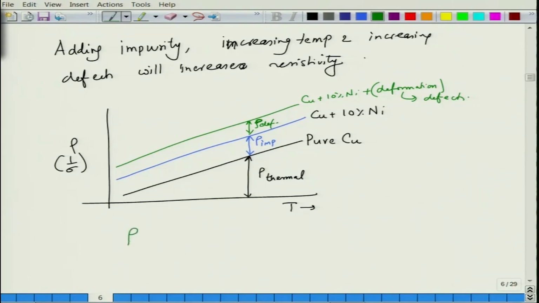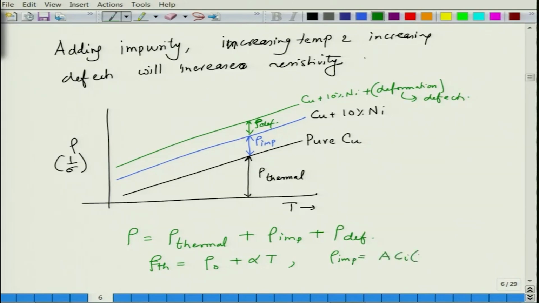So basically we can write this rho as rho thermal, which is the basic component, plus rho impurity plus rho defect, where rho thermal is approximated as rho naught plus alpha T, and rho impurity is given as A, some constant, into Ci, which is the impurity concentration, into 1 minus Ci.